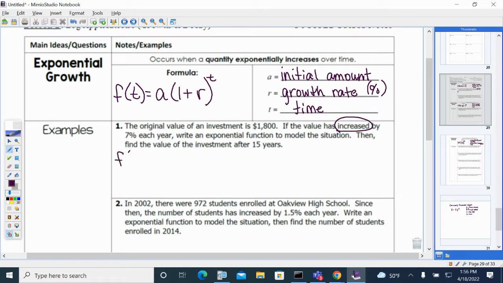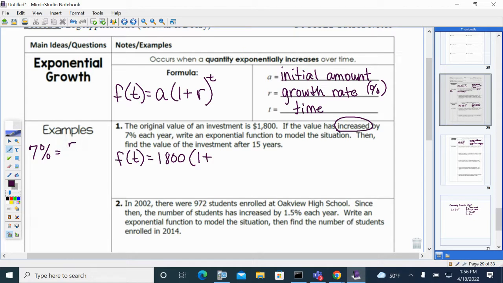So f of t is equal to the initial amount, which is the 1,800, times 1 plus the rate, which is 7%. When you are using percentages in these word problems and in these formulas, you can't use 7. What you have to do is change that percent to either a fraction or a decimal.